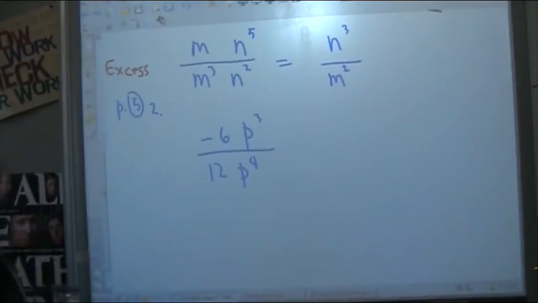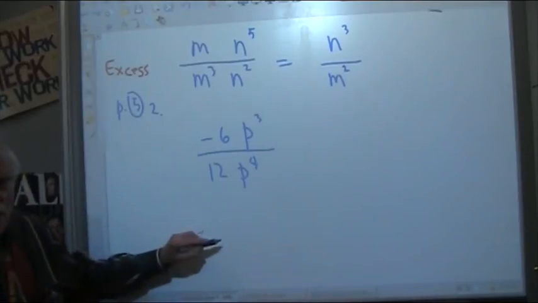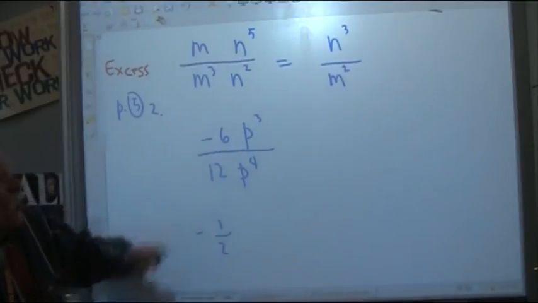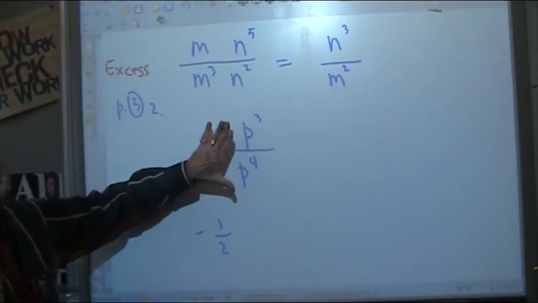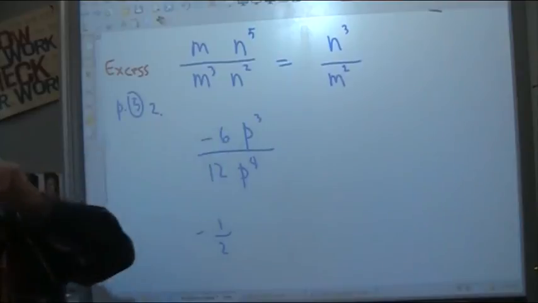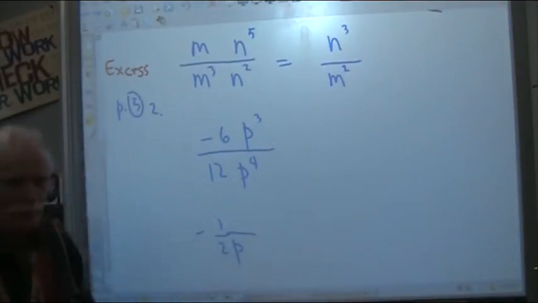What is the sign? Negative. What is your number? 1 over 2. Now, where is there an excess of p's somewhere? Denominator. So there's negative 1 over 2p. Got it.